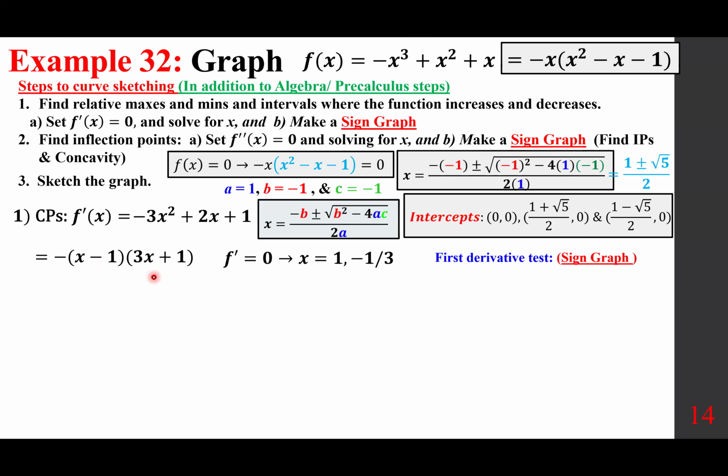So as far as the first derivative test and the sign graph are concerned, you go with a number line from negative to positive infinity. And you put these two numbers from smallest to largest. At negative 1/3, f prime is 0. At 1, f prime is 0. And you find TPs, short for test points.